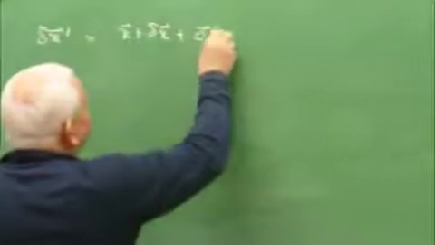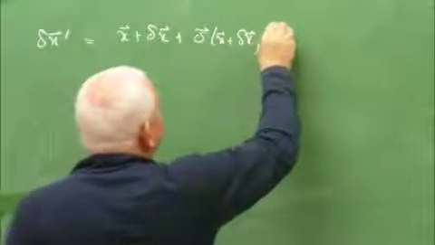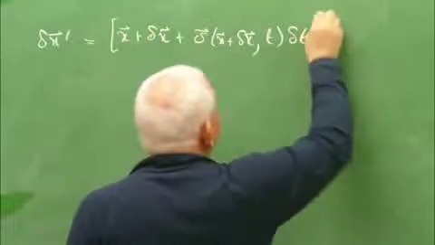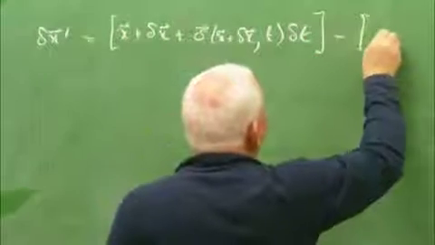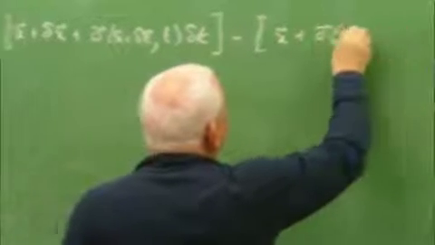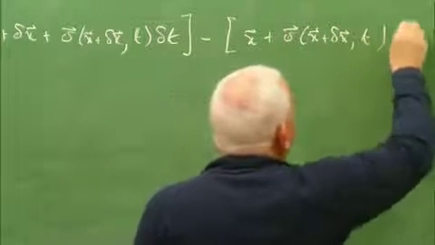So it is x plus delta x plus v at x plus delta x, t times delta t, minus x plus v at x, t, delta t.